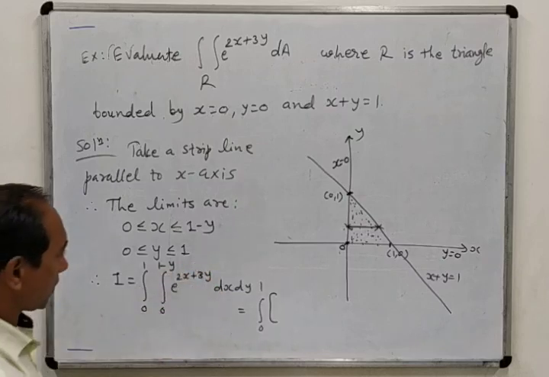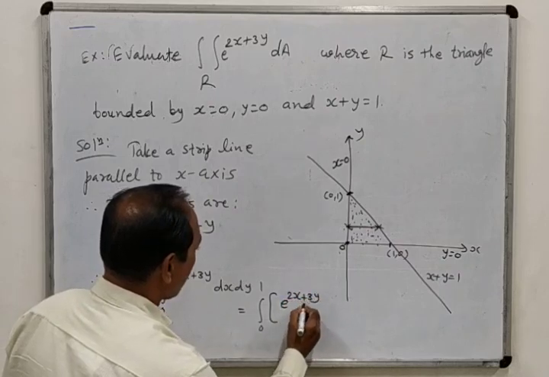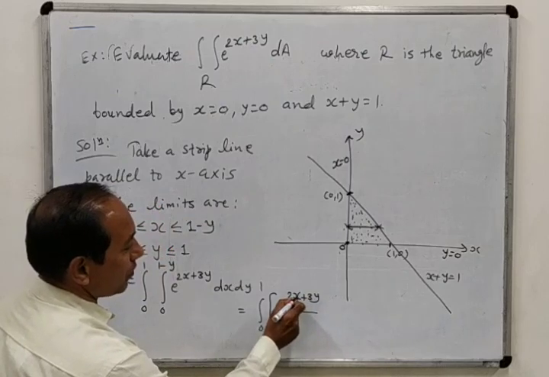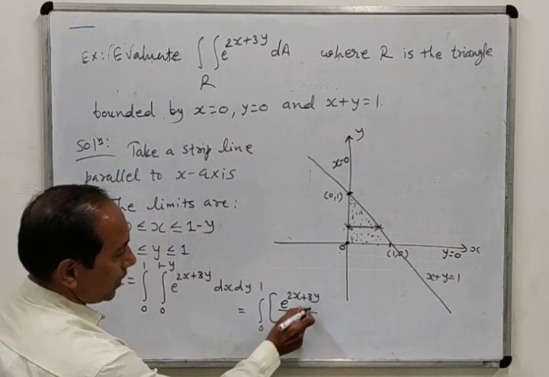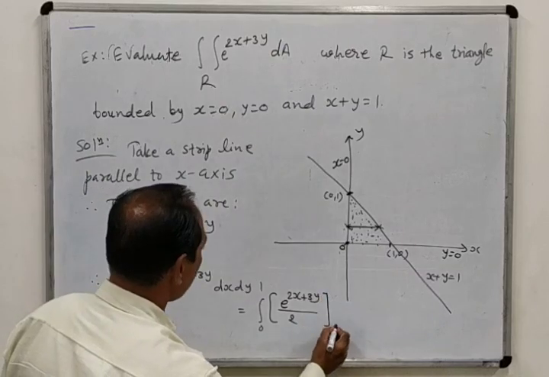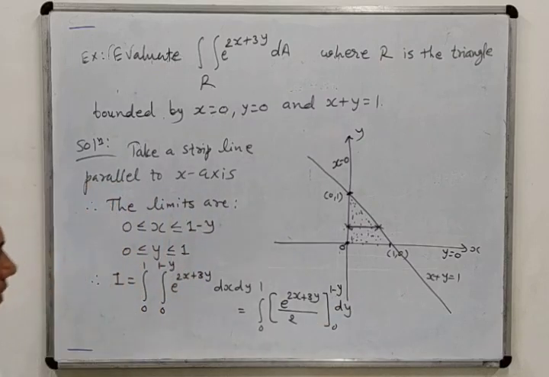This 3y is constant. So the integration of e raised to 2x plus 3y is nothing but e raised to 2x plus 3y divided by 2, because 2x plus 3y has the derivative 2x has the derivative 2 and 3y has the derivative 0 because it is considered as constant, from 0 to 1 minus y, and now we will write over here dy only.